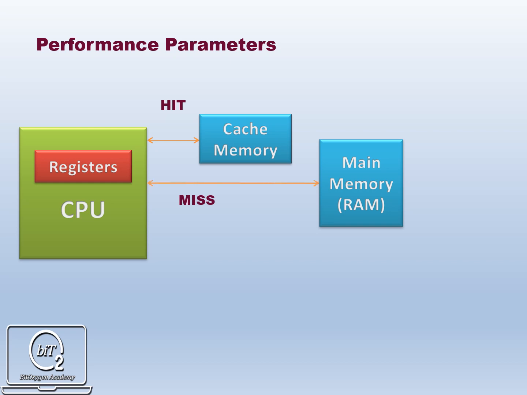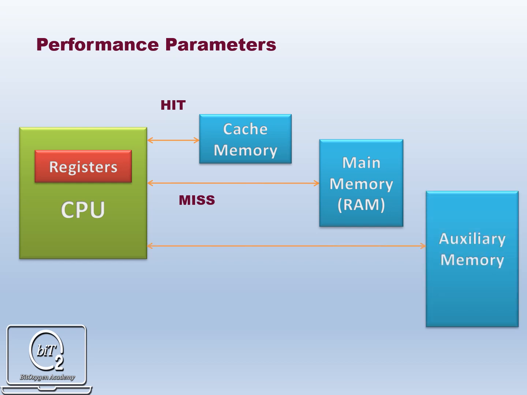If the required data is present in main memory, then that will be transferred to the CPU and a copy of that data will also be transferred to cache memory. Now, suppose data is not found in main memory also, then it is known as a page fault. In this case, the CPU will go for third priority and that is secondary memory.